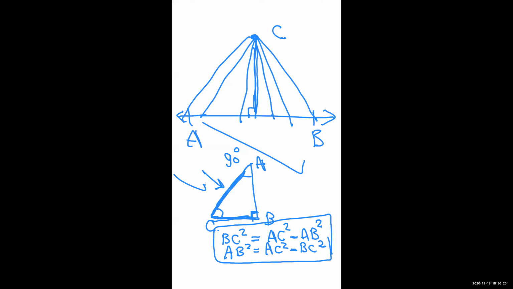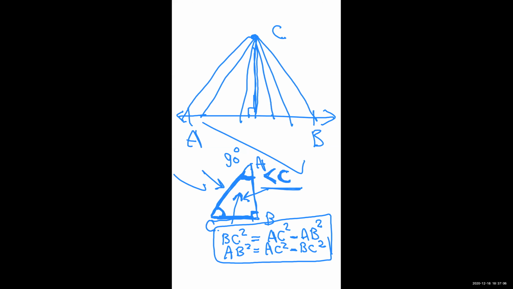Okay? Now, guys, AB is opposite to this angle, which is C, and CB is opposite to angle A. So inside the right-angled triangle, this angle at vertex A is always less than this angle of C. Okay?